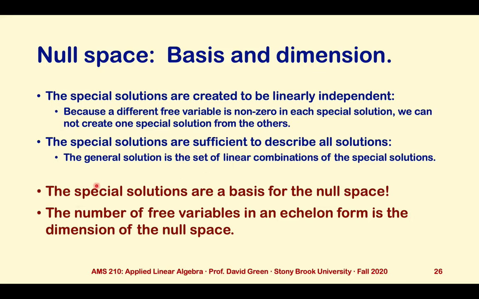The special solutions to the null space, which we discussed earlier, are in fact a basis for the null space. The number of special solutions was determined by the number of free variables in an echelon form, and so that is the dimension of the null space. So in fact, we already have all of the tools necessary to determine the basis and dimension of the null space.